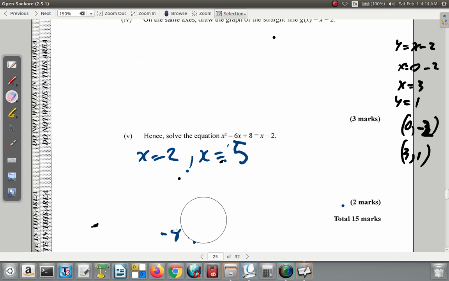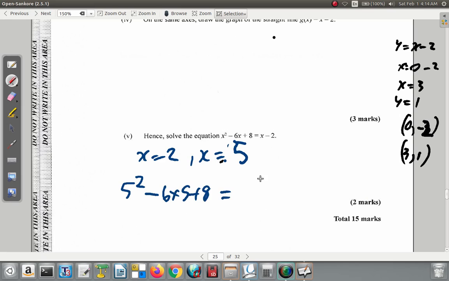Would the 5 work out? Let's try that. We substitute 5 for x. That would mean 5 squared minus 6 by 5 plus 8 is supposed to be equal to 5 minus 2.